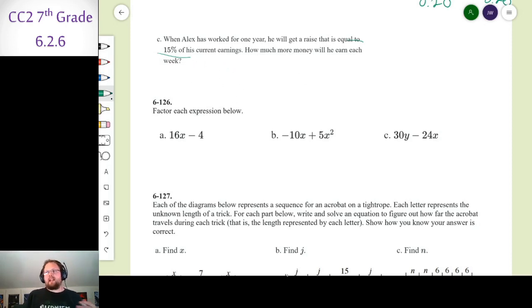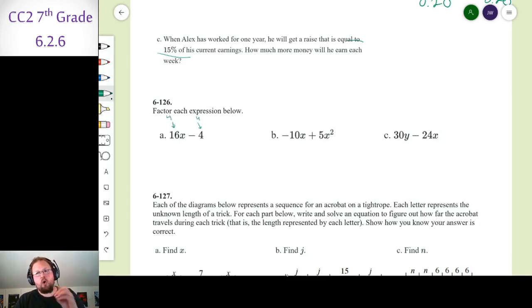6-126 is taking the training wheels off of this factoring topic that we've discussed. You can factor an expression which is essentially unmultiplying a value. So ask yourself, what is the largest number that could go into both of these expressions? So the largest number that goes into 16 and into 4 is 4.